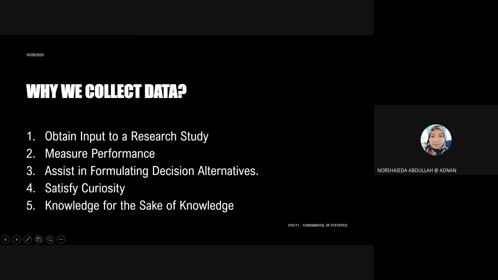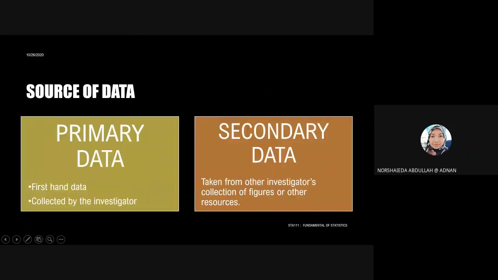Number 3, to assist in formulating decision alternatives. When we want to make a decision, we study and list down all the possible alternatives. Also to satisfy curiosity, when we want to know about anything, we can collect data and get the information, and for the sake of knowledge.